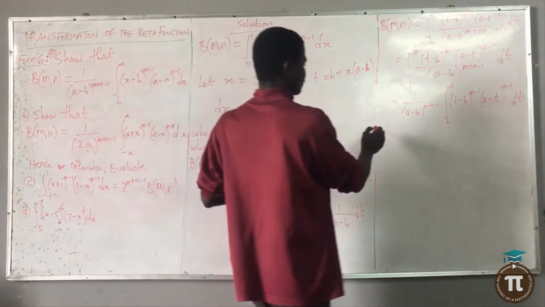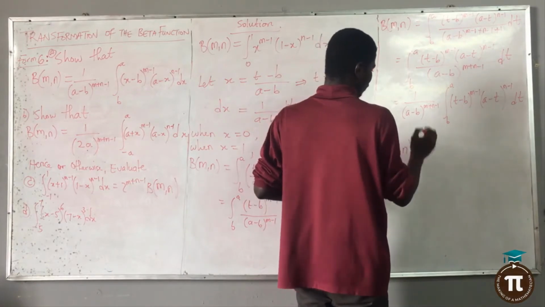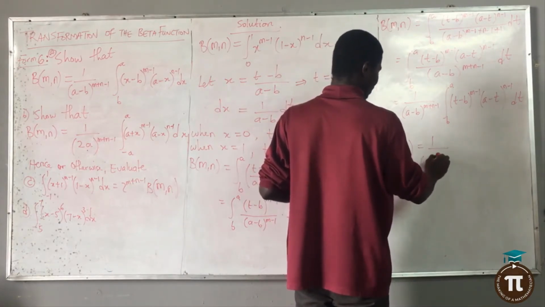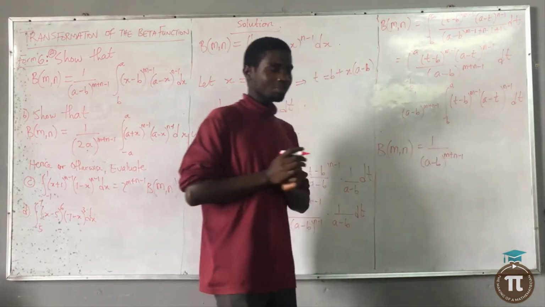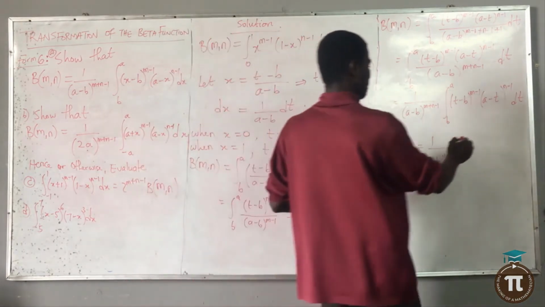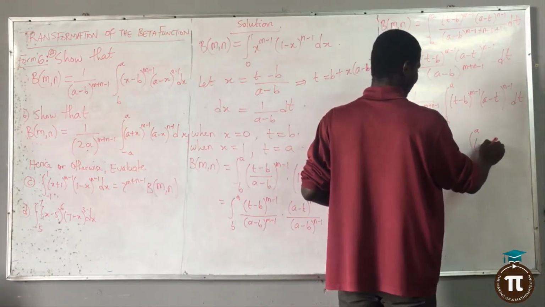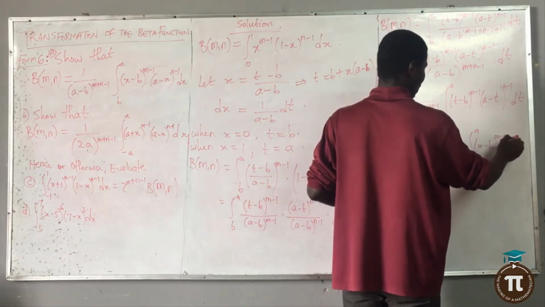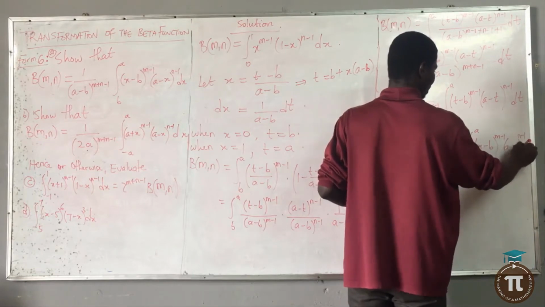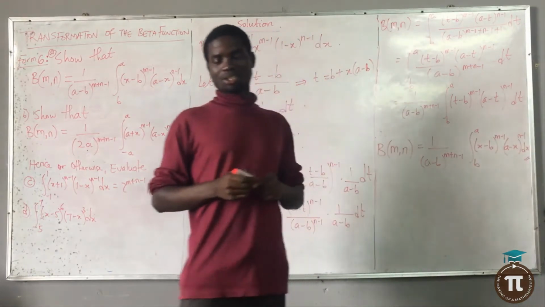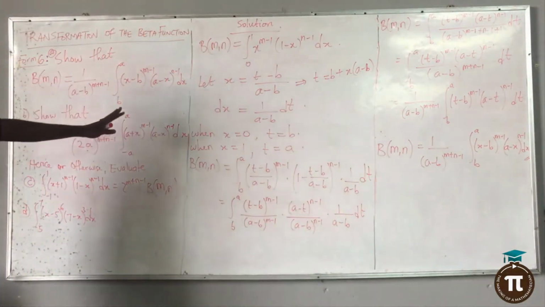Therefore B(m, n) is equal to 1 over (a minus b) raised to the power of m plus n minus 1, times the integral from b to a of (x minus b) to the m minus 1 times (a minus x) to the n minus 1 dx. That is the answer, and we have proved the first one.